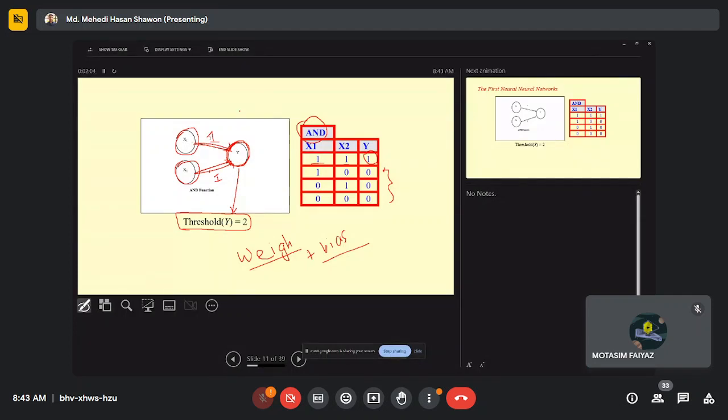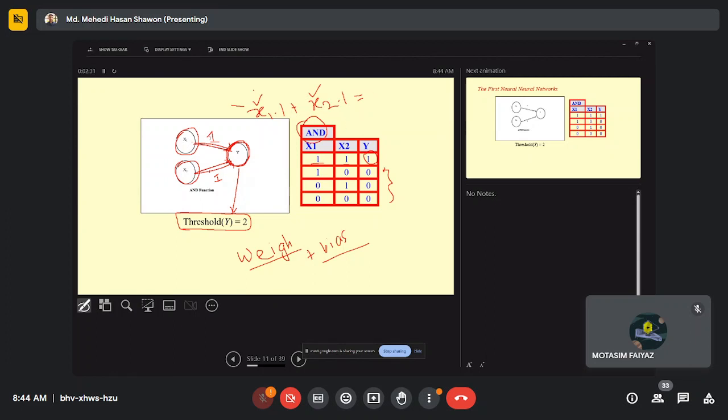So for this combination, can we check: x1 into 1 plus x2 into 1 equals what? If you put x1 as 1 and x2 as 1, in total you will get what?